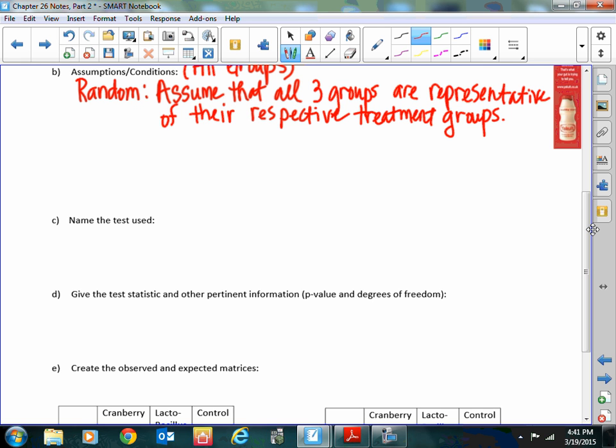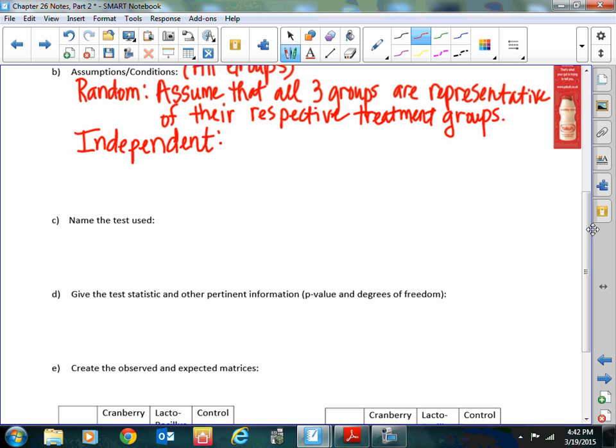All right, so here we go. Independent. N is less than 10% of the population. Independent. And unfortunately, we have to represent that for all three groups. So a lot of times you're going to have different size treatment groups. Here they happen to be all the same, so this is going to seem a little redundant.